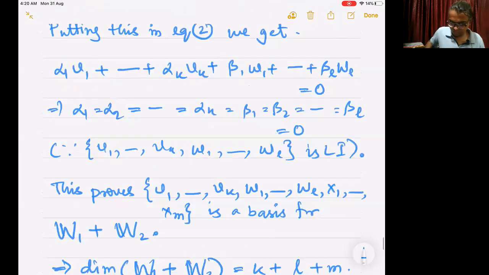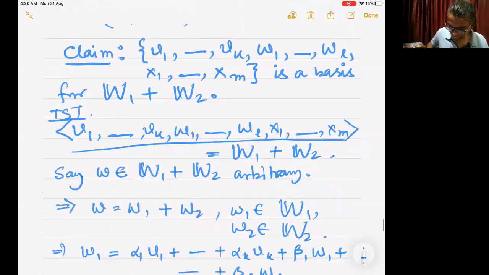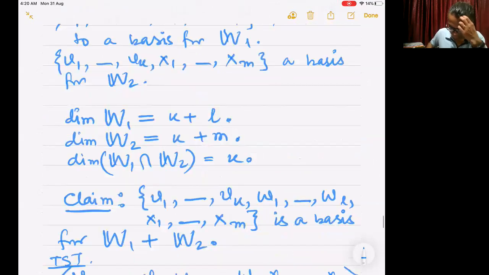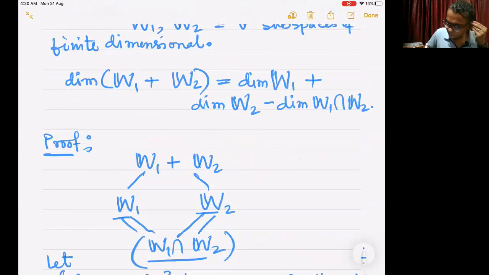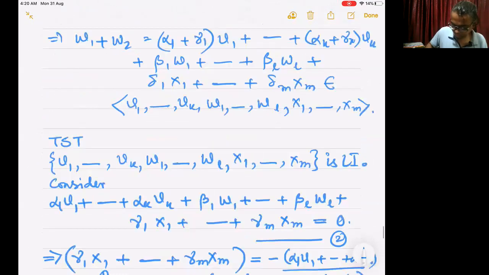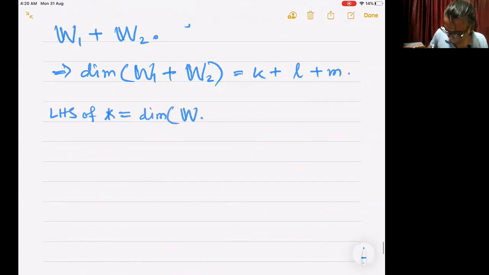So now to verify this, I just have to look at the various dimensions, to get the result of the theorem. So left hand side, let me call this star. LHS of star is equal to dimension of W1 plus W2, that happens to be k plus l plus m.